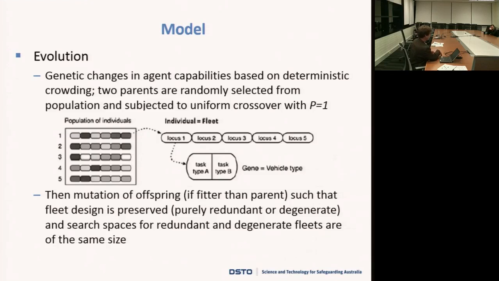I don't describe to you the operator that we use for this, but it's pretty much a way of mutating one locus in the gene, and then making sure that there will be a corresponding mutation of a different locus, such that you keep your degree of degeneracy, if that's the aspiration, if you don't want to allow degeneracy to evolve, or you keep your purely redundant fleet, so that you don't change this degree of degeneracy.